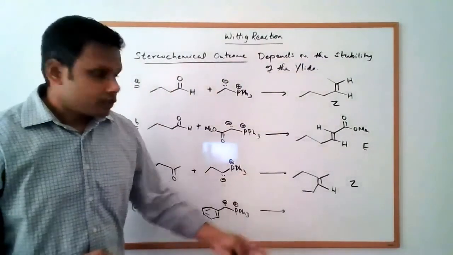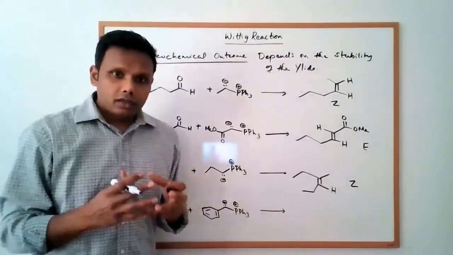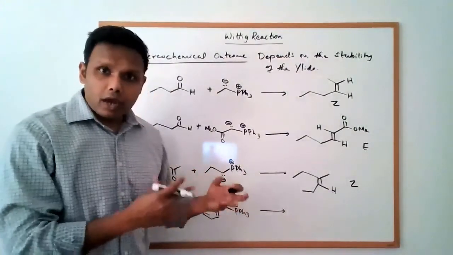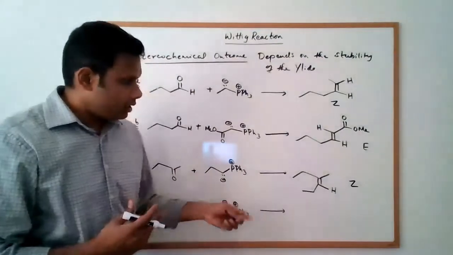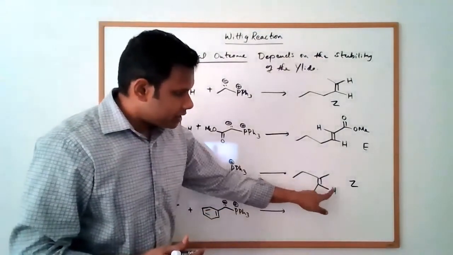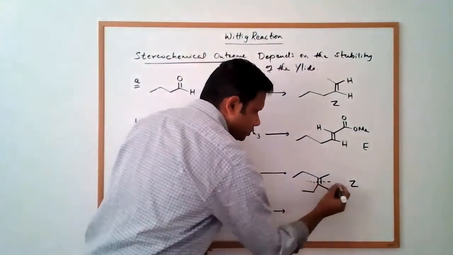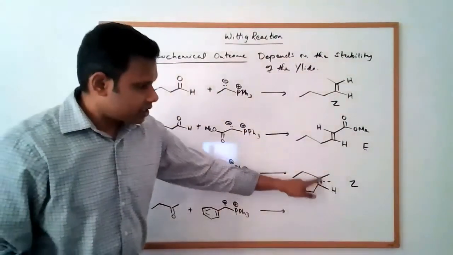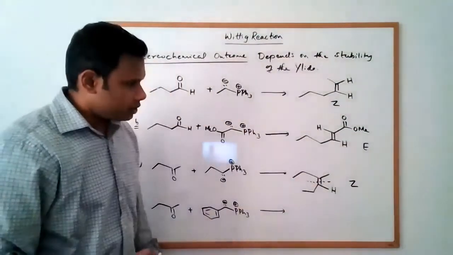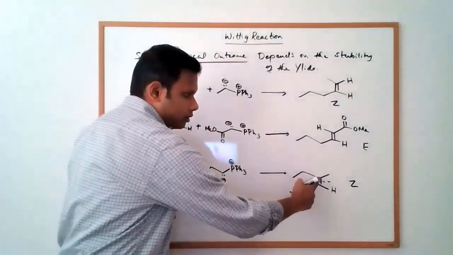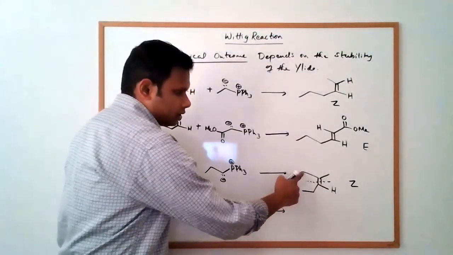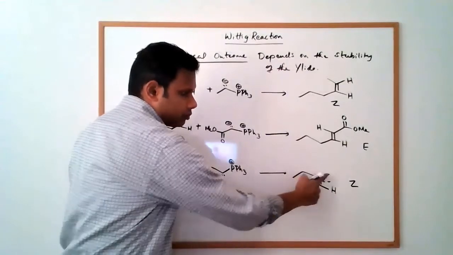Now, in case you're confused about how we're doing the E and the Z, realize what we're doing is we're assigning priorities to the groups that are attached to both of these carbon atoms that are double bonded to each other. So when I look at the carbon at the top, there's an ethyl group, there's a methyl group.